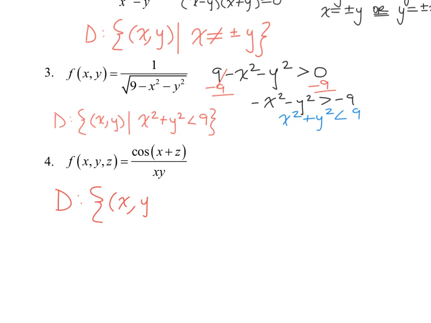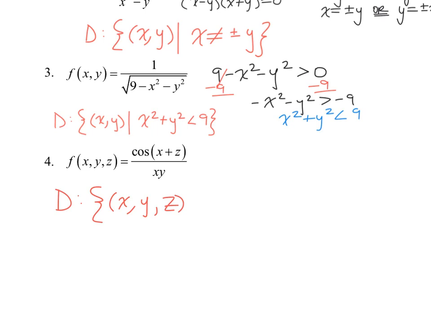We are not ignoring z. The last 3 had no z's in them, even though I said z. Oh, hold on. All right, so we don't have to worry about z because that's not going to make anything undefined.